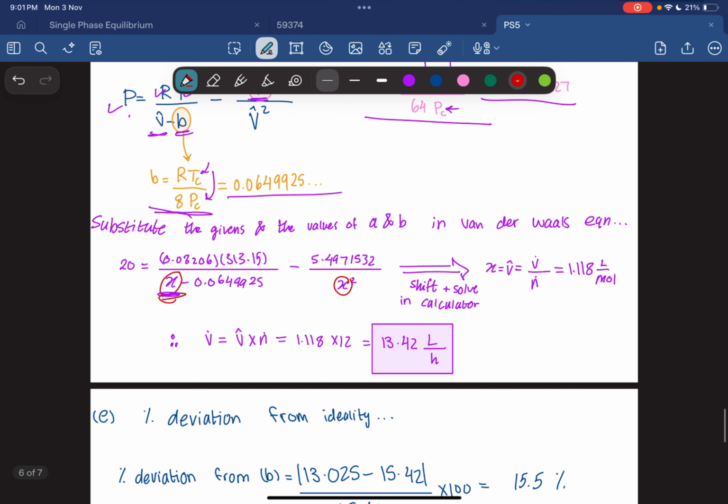And then you just press shift and solve in the calculator to find the value of the molar volume.